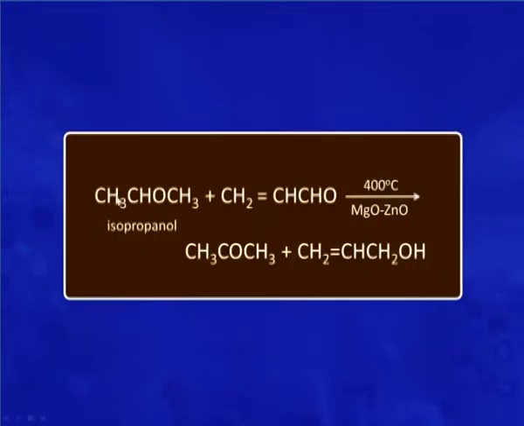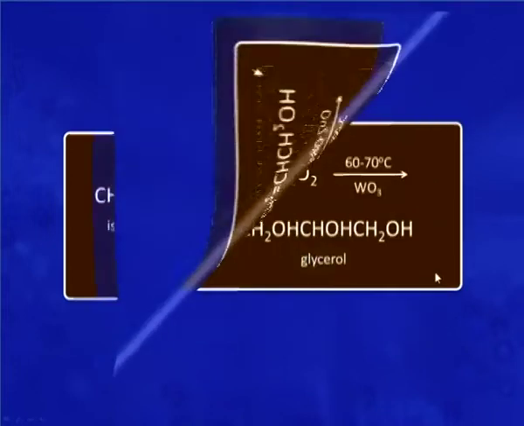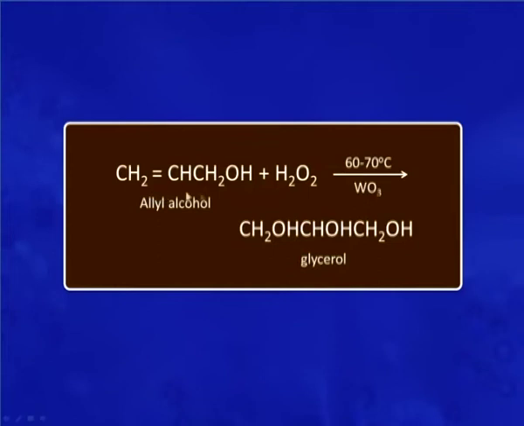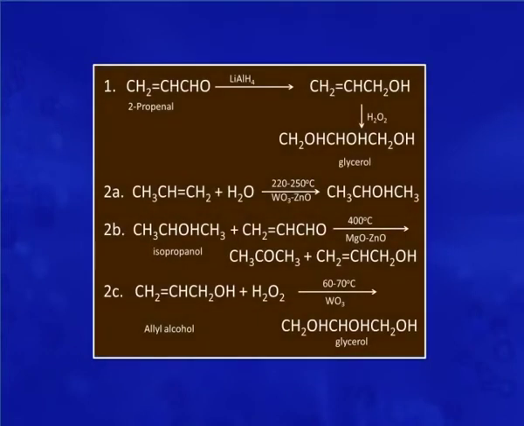Isopropanol reacts with propanol to form acetone and allyl alcohol. Allyl alcohol is then treated with hydrogen peroxide to form glycerol. So, in all the methods we have discussed so far for the synthetic preparation of glycerol, it is either propene or propanol which is converted into propane 1,2,3 triol, that is glycerol.